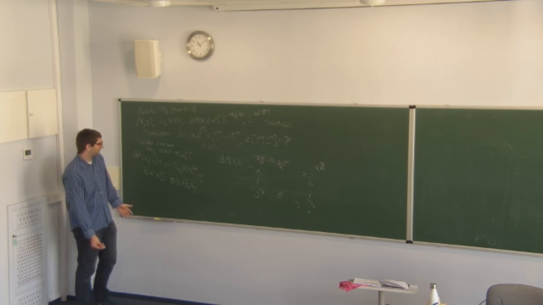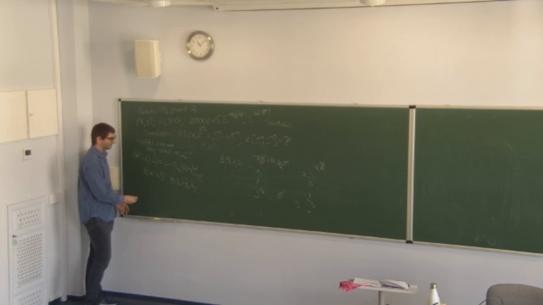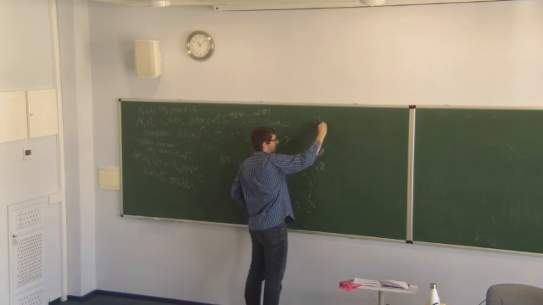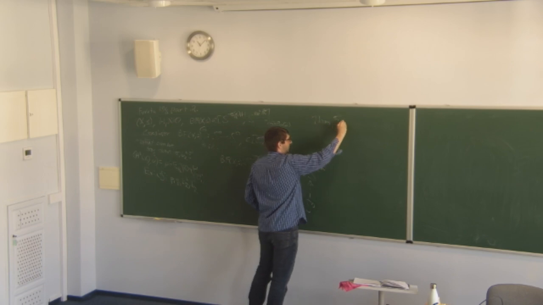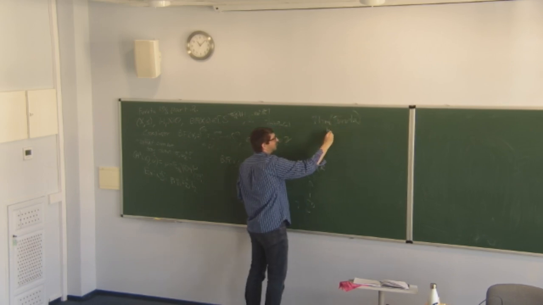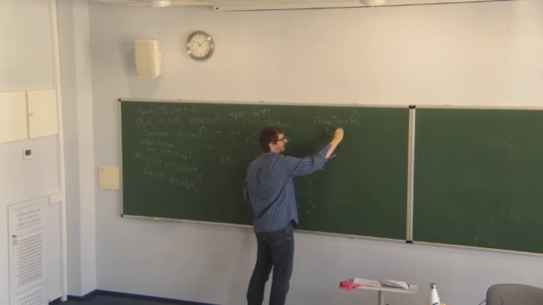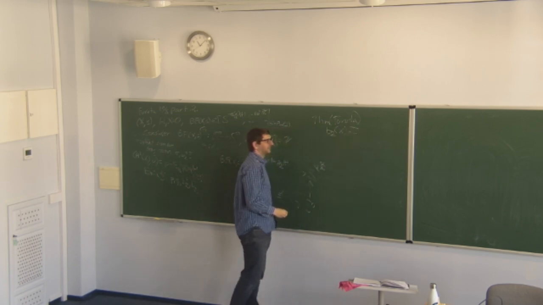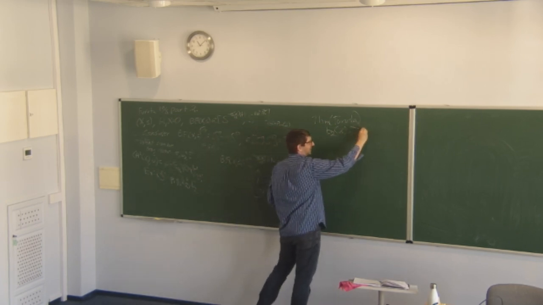Maybe I should say what we're actually going to try to do. So Furuta's 10/8 theorem says that b2 of X, the second Betti number of our four-manifold, is at least as large as the signature times 10/8.